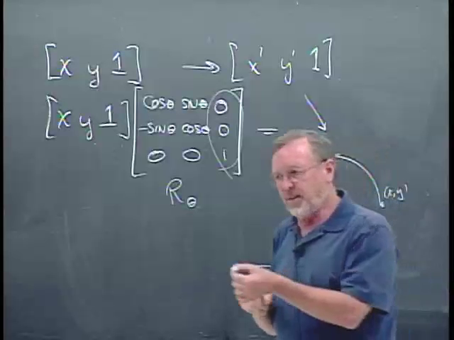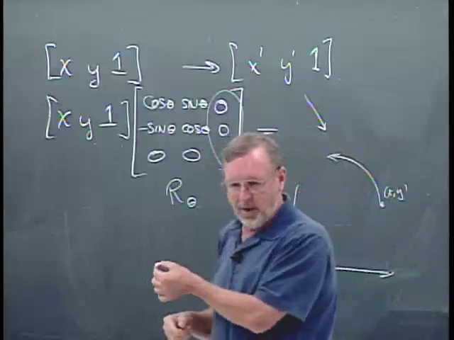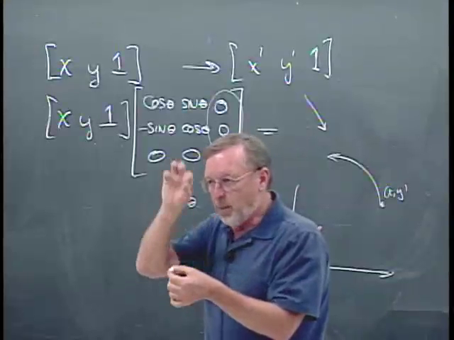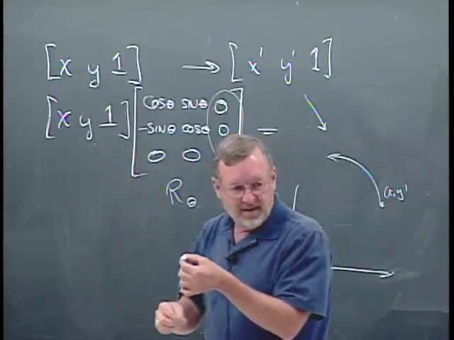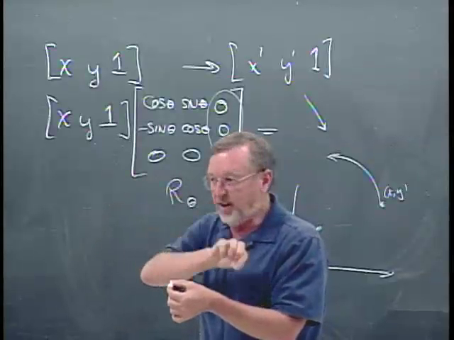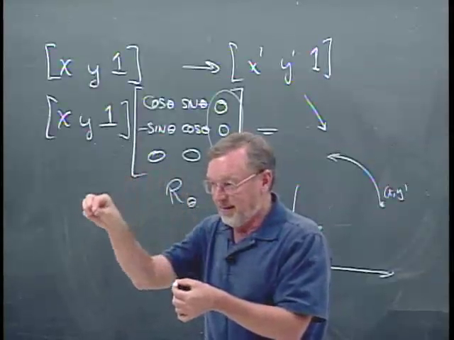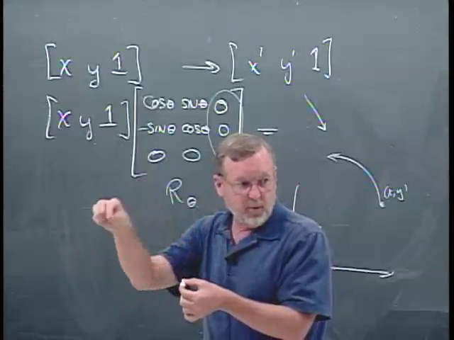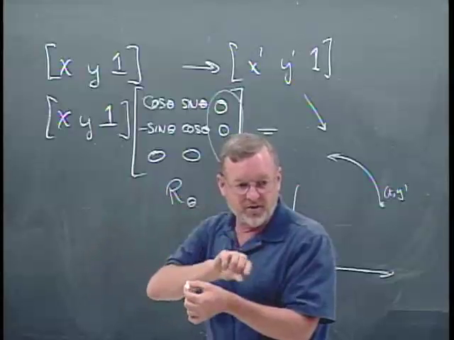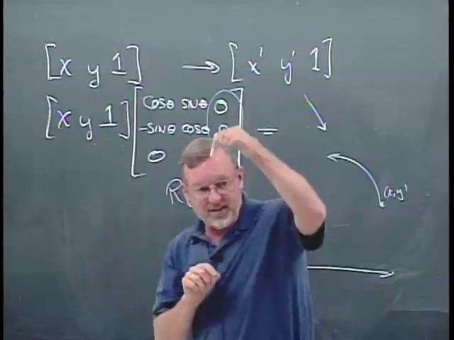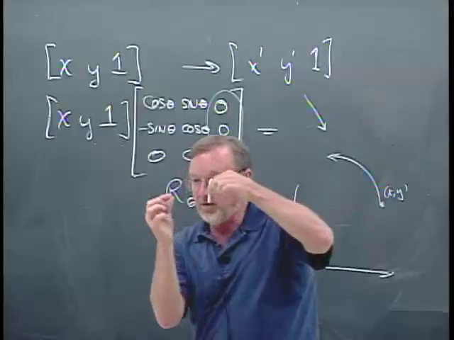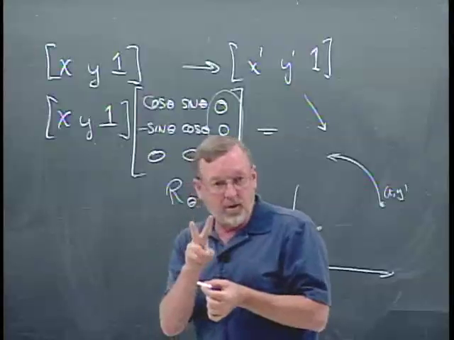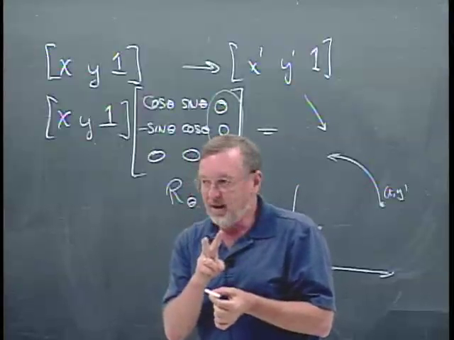The only thing I have to convince you is, if the z-axis comes out of the board at you, and x and y are in the board, if I rotate a point around the z-axis, can I convince you the z-coordinate doesn't change? Okay? You should be able to see that. If I rotate around the z-axis, the z-coordinate doesn't change. If I rotate around the y-axis, the y-coordinate's not going to change, right? If I rotate around x, the x-coordinate's not going to change. So only two of those coordinates are going to change, okay?